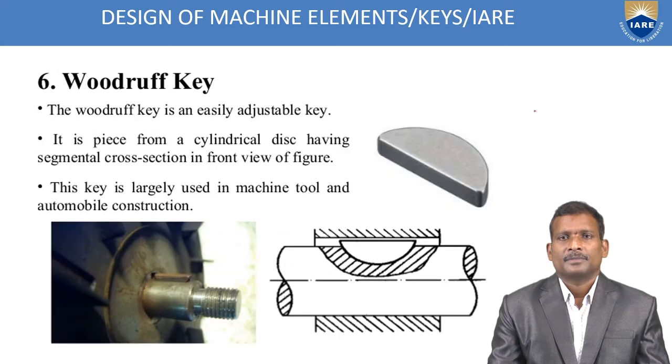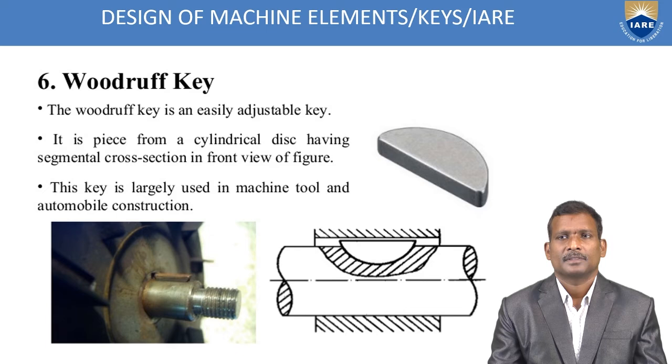Next one is the Woodruff key. The Woodruff key is an easily adjustable key. See in this figure, the Woodruff key 3D model is shown. This key is largely used in machine tool and automobile construction.